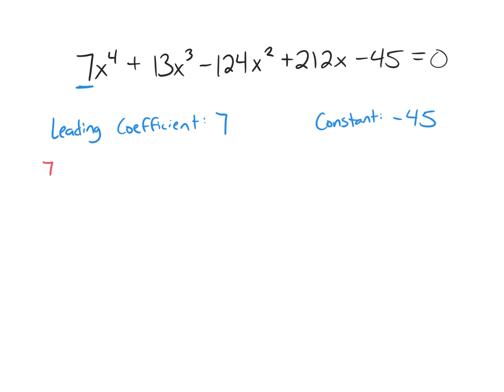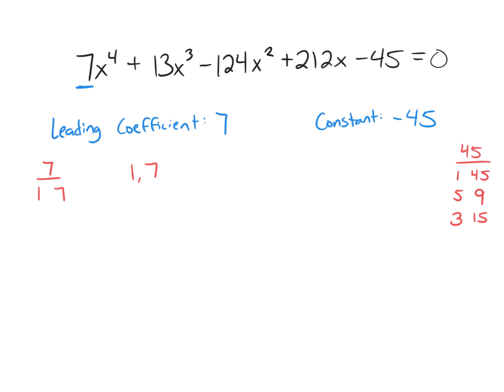What do I need to find for both of those? Factors, right? What are factors of 7? 1 and 7. That's it, right? What are my factors of 45? 1 and 45? 5 and 8? 5 and 9. What else? 3 and 15.